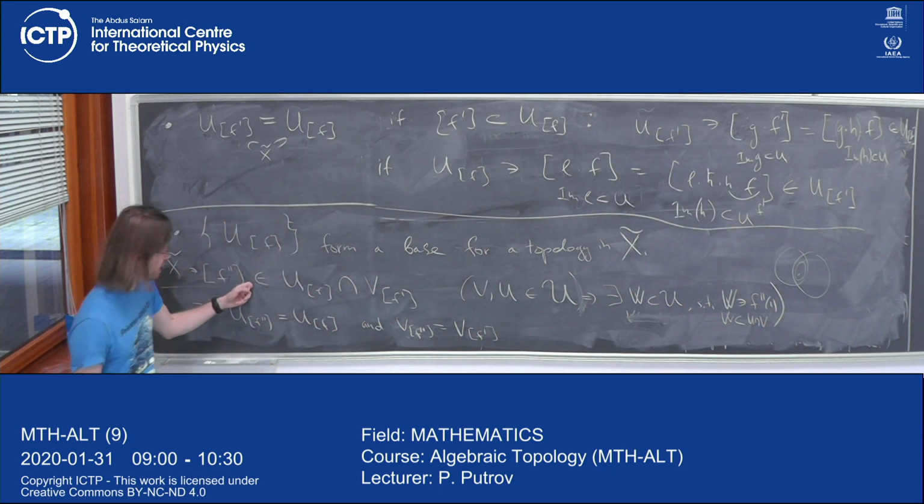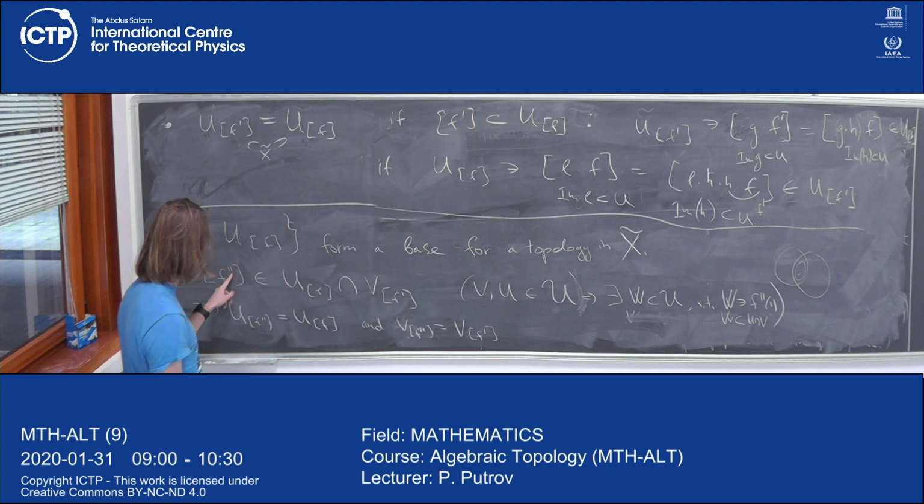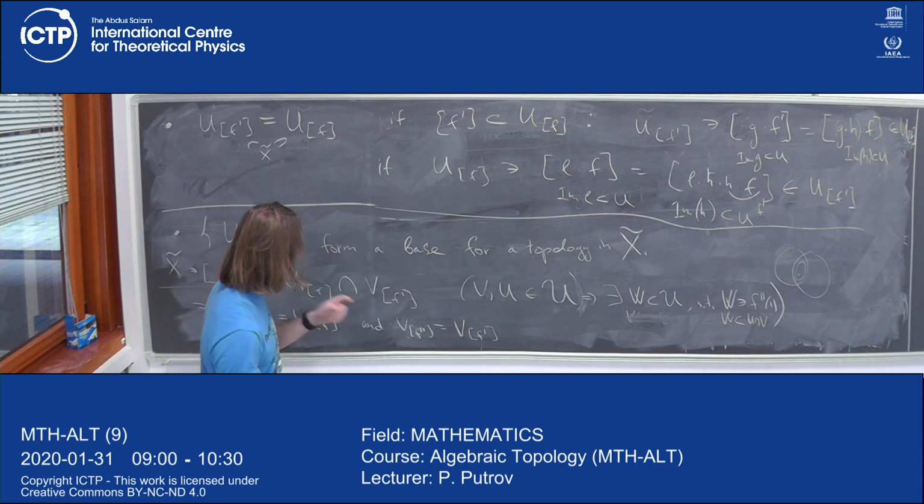Because of this, the endpoint of F double prime is both in U and in V.